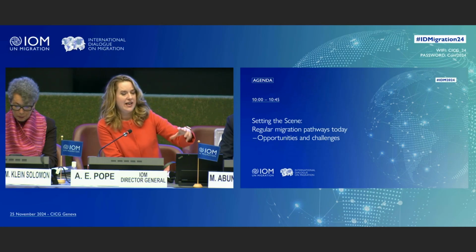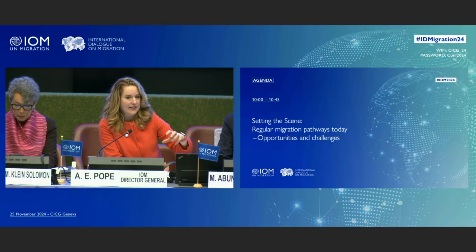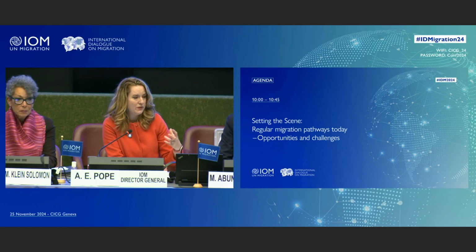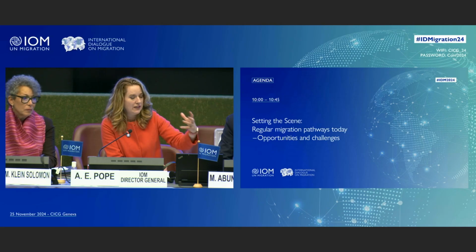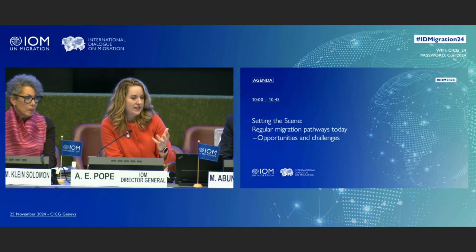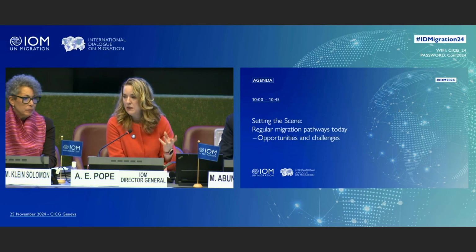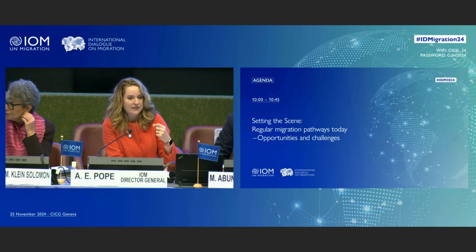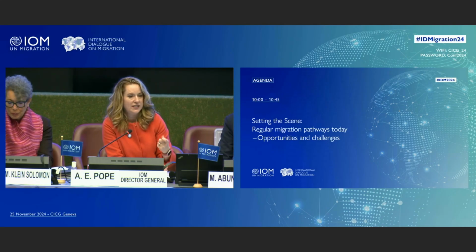And embedded in that is a recognition that safe, orderly migration pathways will be part of the solution, because no matter what we do collectively, what governments do, what civil society does, what international organizations do, there will be some number of people who simply have to move. So can we think about enabling people to move in safer, more planned and strategic ways?